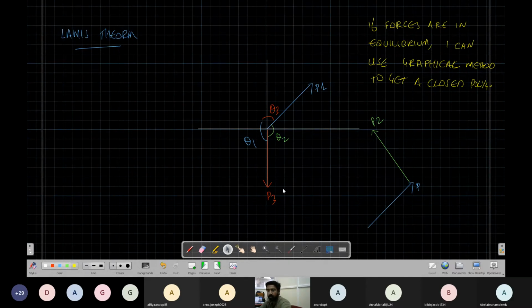What I'll do is replace this force with a line.